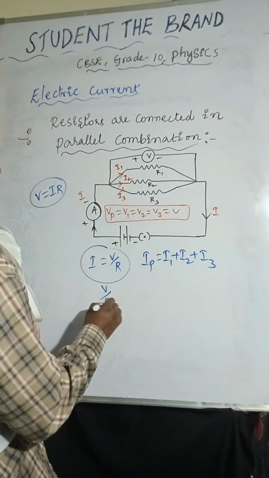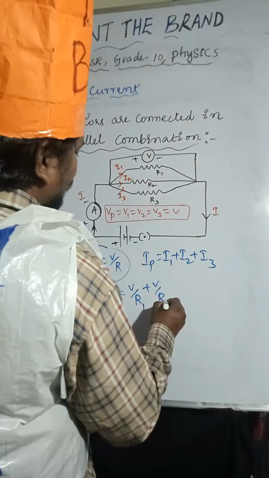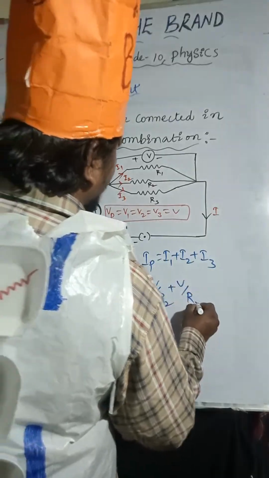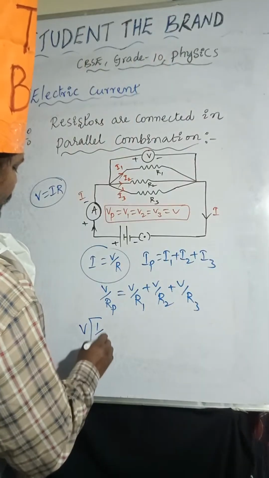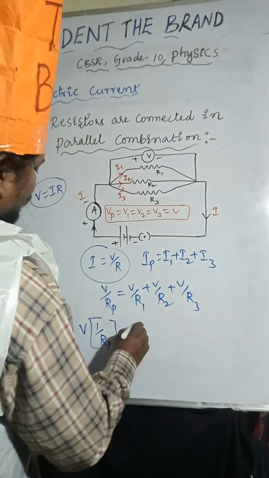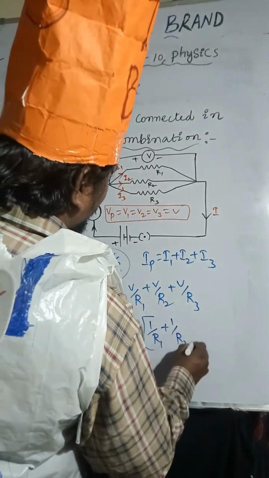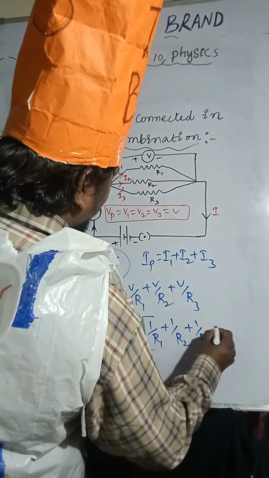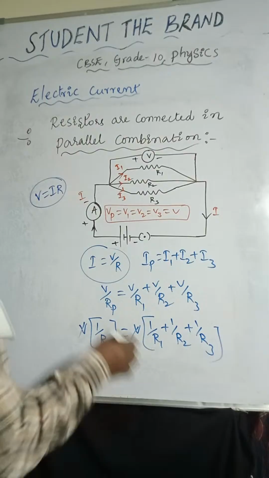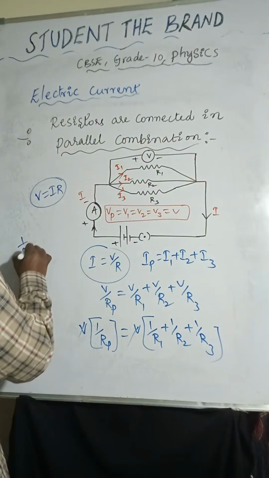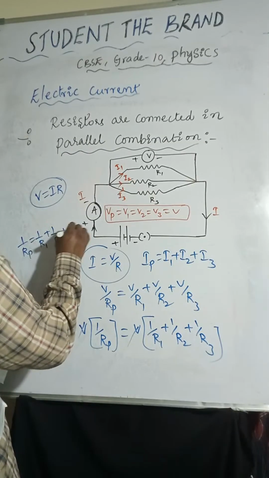So V by Rp equals V by R1 plus V by R2 plus V by R3. Taking V common, 1 by Rp equals V times 1 by R1 plus 1 by R2 plus 1 by R3. V gets cancelled, then the remaining values are 1 by Rp equals 1 by R1 plus 1 by R2 plus 1 by R3.